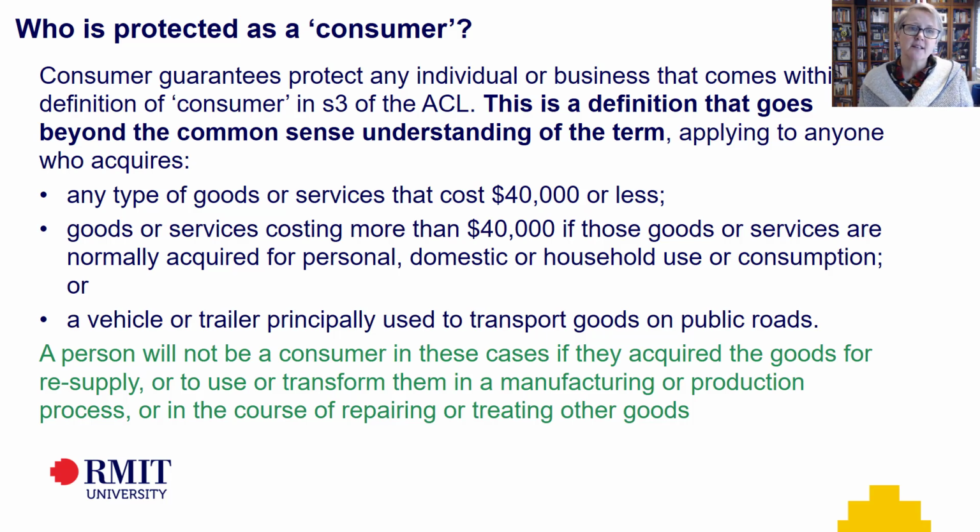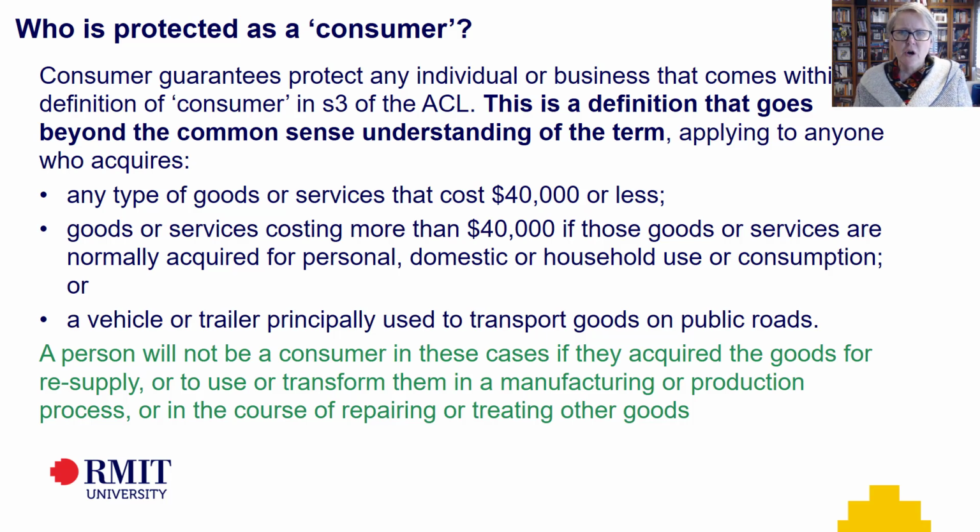So a consumer transaction is any contract for the sale of goods or services where the cost of those goods or services is $40,000 or less, or if those goods or services are of a type that are normally acquired for personal, domestic or household use or consumption, then their value could be more than $40,000, or a vehicle or trailer principally used to transport goods on public roads.